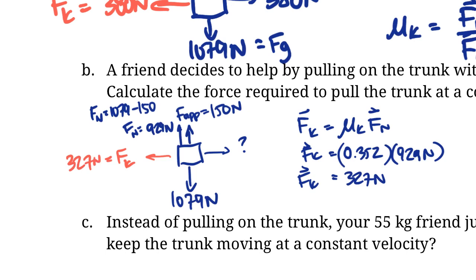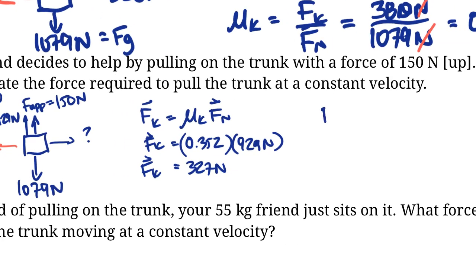Then what must the force we have to apply to move this thing across the floor be? Well, if it's going to balance out so that it doesn't accelerate, it's got to be 327 newtons. So that's our answer essentially. F applied by us has got to be 327 newtons. Okay, there we go.